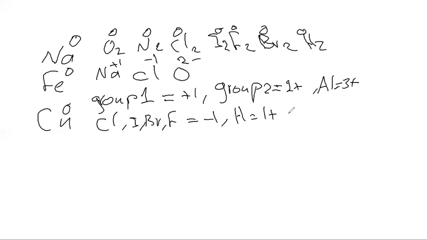By the way, we have some exceptions for hydrogen, the halogens, or the oxygen. Oxygen is usually 2 negative. As I said, we have some exceptions, but don't worry about the exceptions right now. Just focus on this data so we can use it to calculate the oxidation number for the other element.